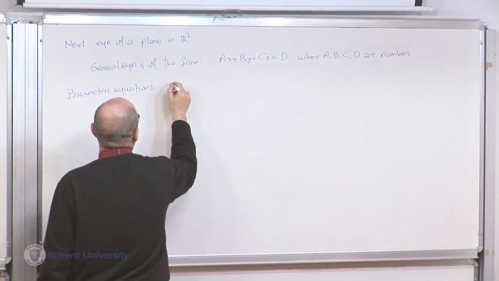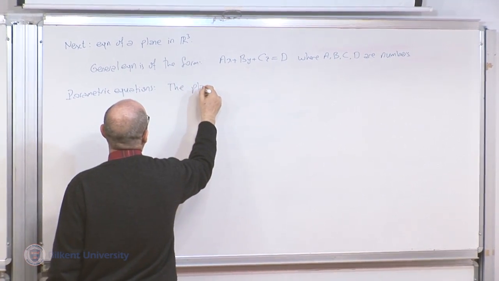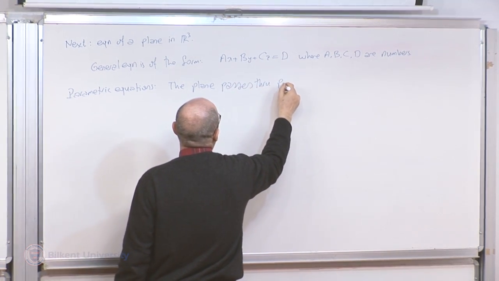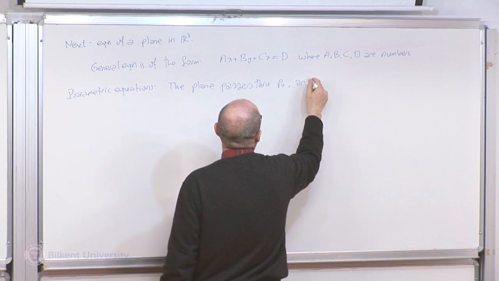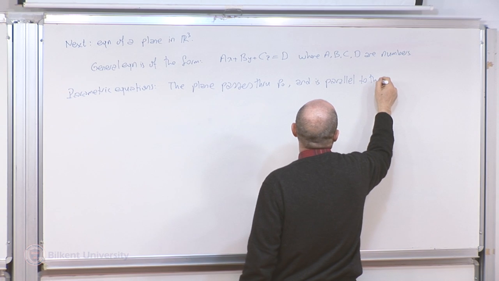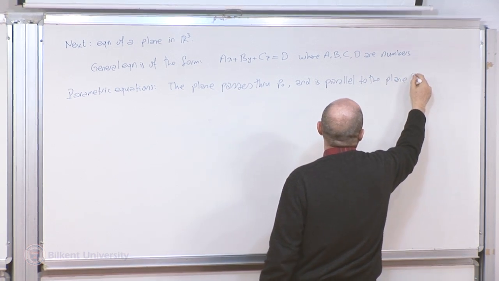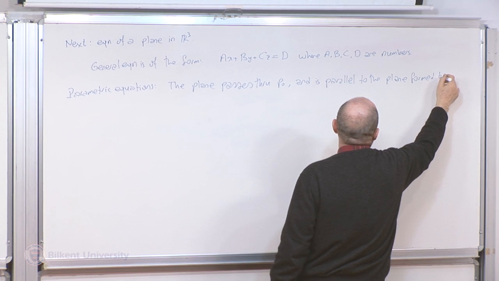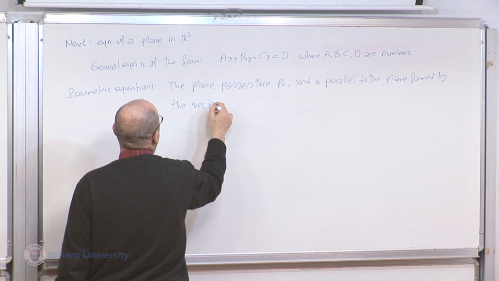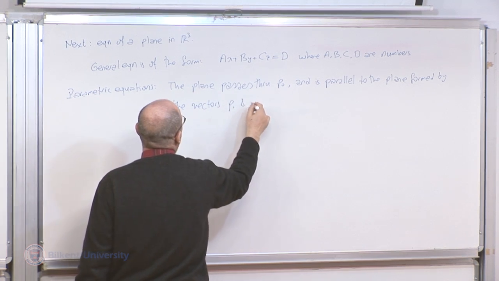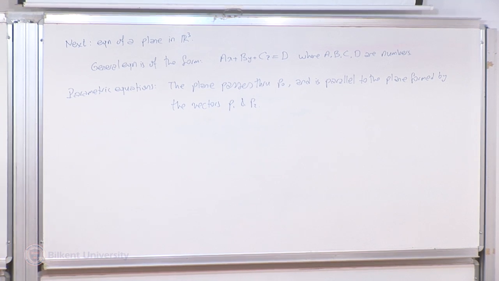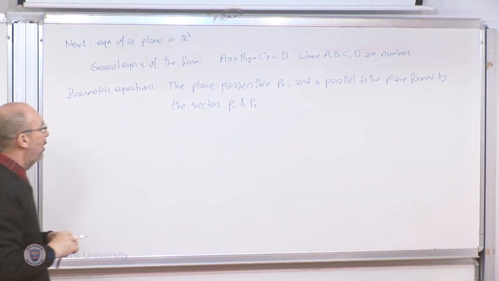The plane passes through P0 and is parallel to the plane formed by the vectors P1 and P2. Okay, so this information now totally defines the plane parametrically.